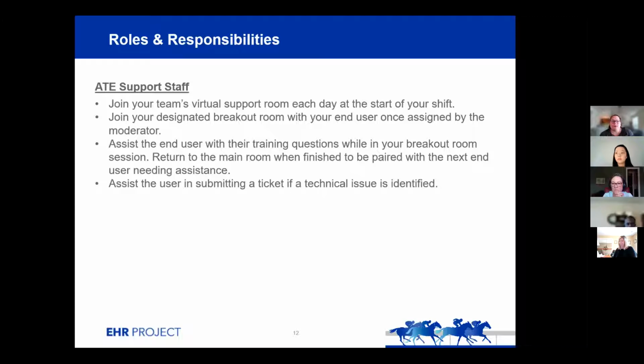And then also, you're going to be assisting the end user if you find that their issue isn't training related, but rather is a technical issue. We are seeing that a lot right now in our soft go live, and we're pointing users inside the Epic system to how they can log a ticket directly from Epic. It's a very simple process, but our trainers and our support staff currently are assisting with that.